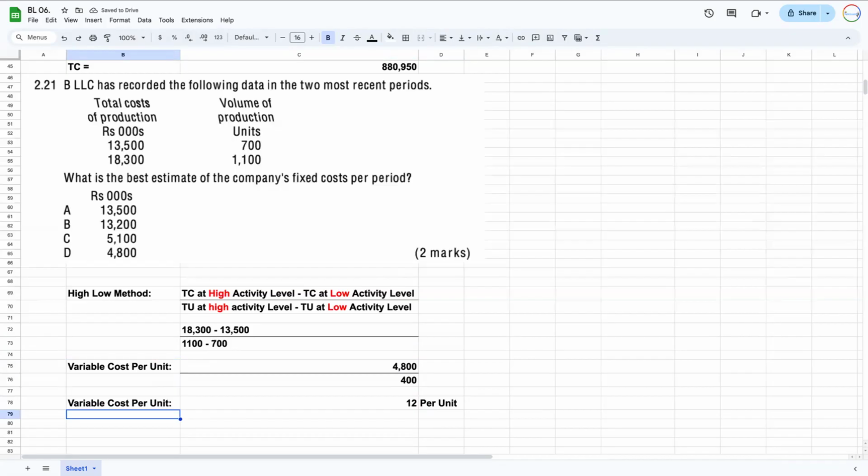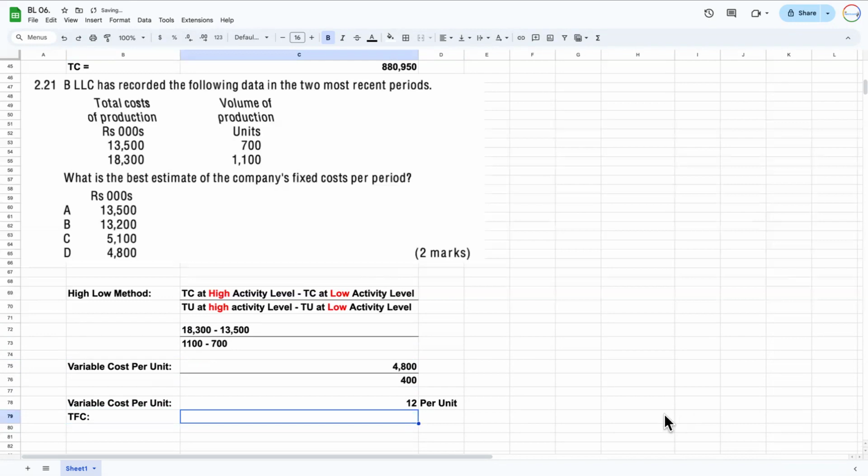Then we have to determine the total fixed cost. How can we determine the total fixed cost? For the total fixed cost, we want to know the total cost either at highest activity level or lowest activity level. I will take the highest activity level, which contains 18,300 as a total cost. From the total cost, I'm going to remove the variable cost part, rupees 12 per unit.